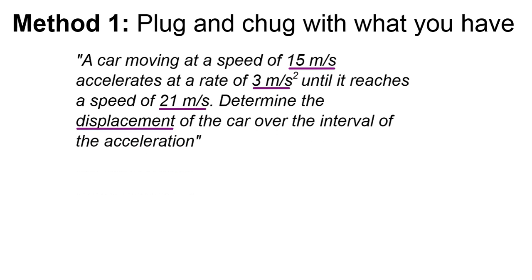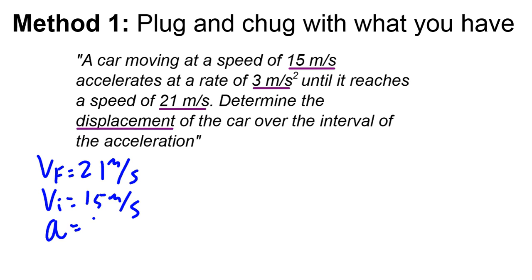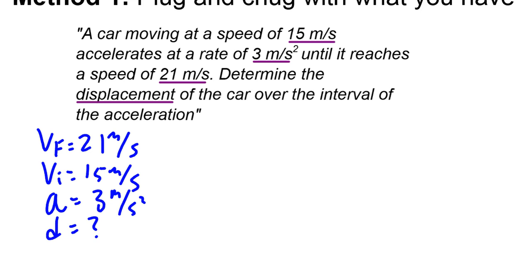So the first technique is we make a list of letters and we just try to find an equation, plug and chug, and hopefully it works. Recalling the information, V final was 21 meters per second, V initial was 15 meters per second, the acceleration was 3 meters per second squared, and we were asked to solve for the unknown distance.